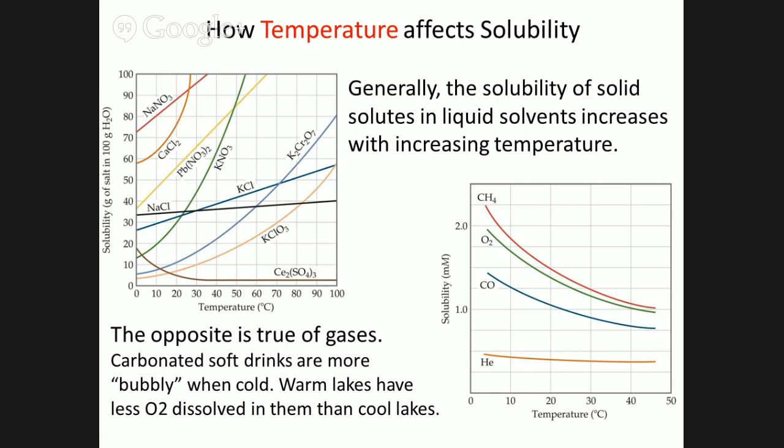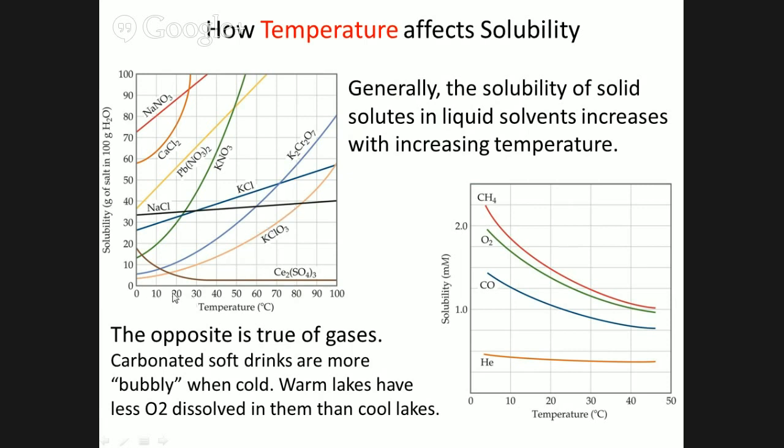And for most of them, note that the curves are going up as we increase the temperature. So more can be dissolved at a higher temperature. That's the general rule for solid solutes in liquids. Increase the temperature, we can dissolve more.